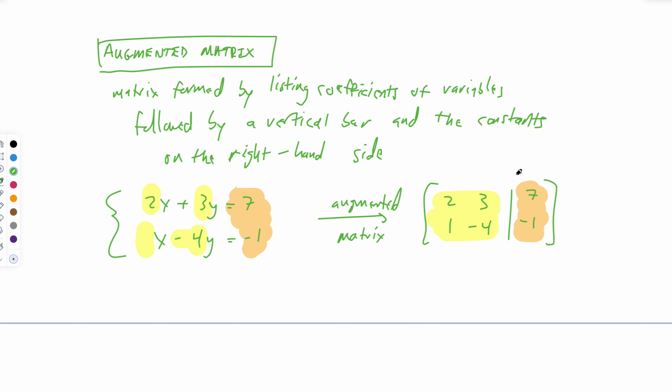Now we're going to come back to this augmented matrix in a bit, but for now, we're just learning how to set up the augmented matrix, and move back and forth between augmented matrix and the system and vice versa, okay? Remember, keep in mind, the entire goal of this chapter is for us to use matrices to solve systems.